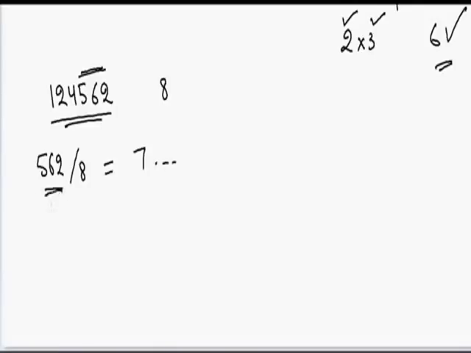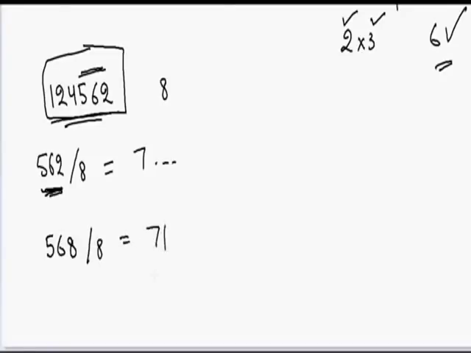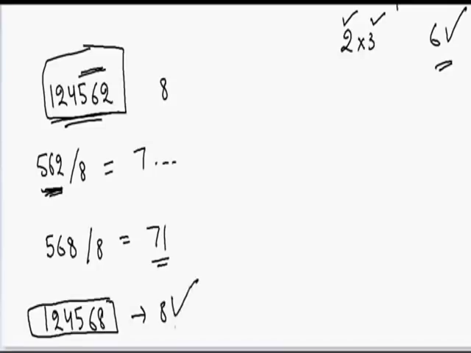So this number is not divisible by 8, so this whole number should not be divisible by 8. How can I make it divisible by 8? By making these 3 digits divisible by 8. So if I have 5 6 8, that can be divided by 8, and we'll get 71. So if I change this number to 1 2 4 5 6 8, then this number would be divisible by 8.